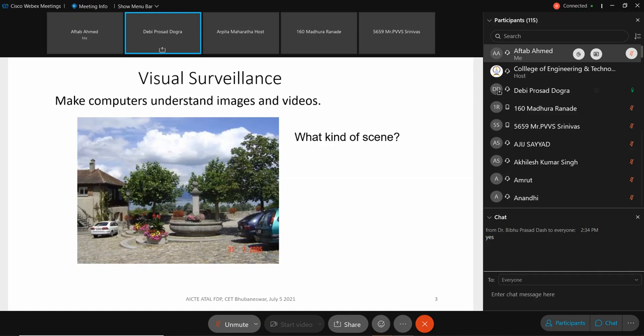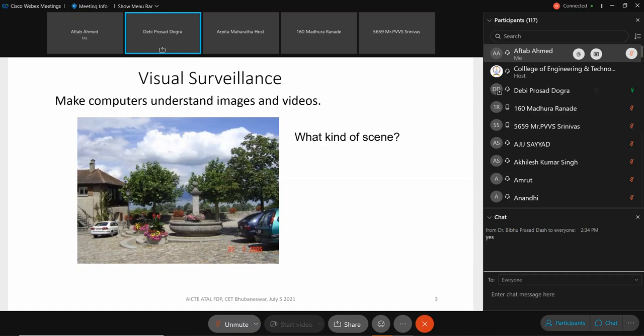Now, the question here is: if we provide this training data as raw, like a simple image, how is the computer going to remember all these things? So obviously there are certain intermediate steps that we need to do. We need to extract features, those features which can be represented in a mathematical form and which can be used by a computer or an algorithm, which we call maybe a typical classifier, which, depending on the features of the current input, can take a decision based on a trained model.